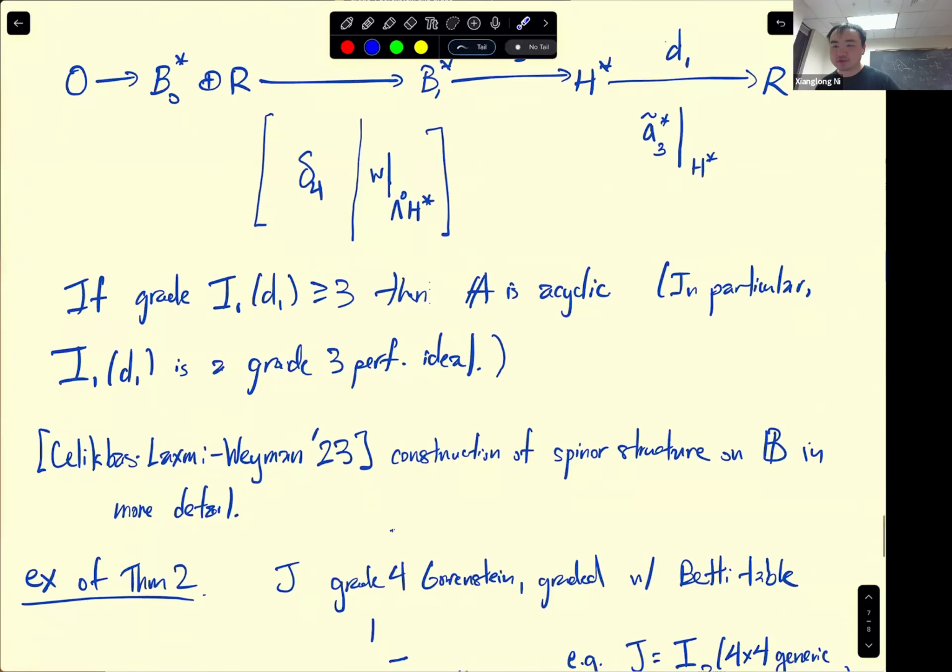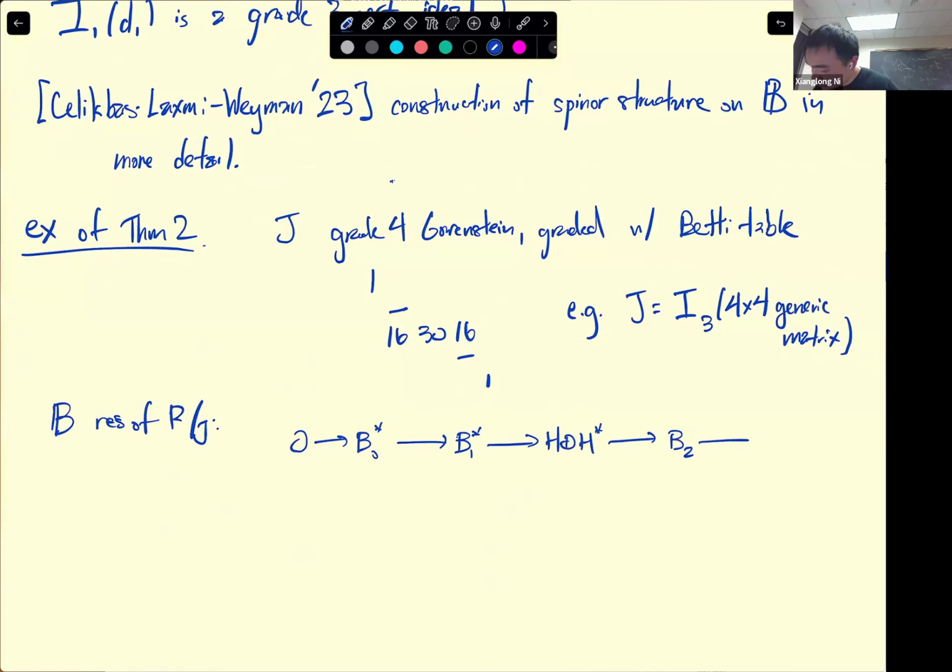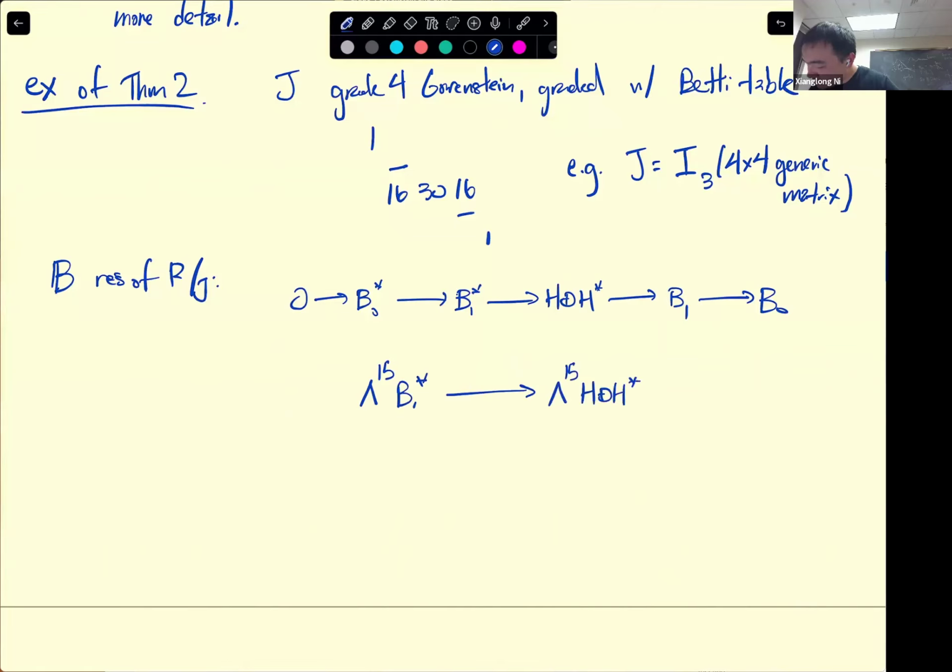If I take B as the resolution of J, of the form B1, B0, then I look at wedge 15 of B1 dual, wedge 15 of H plus H dual. This is because the rank of this differential delta 3 is 15. This is wedge 15 delta 3.